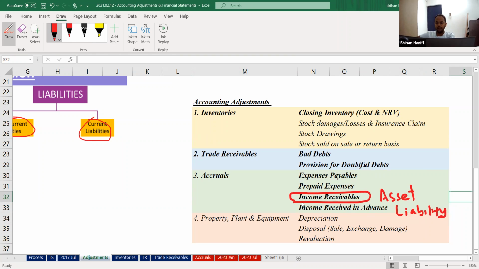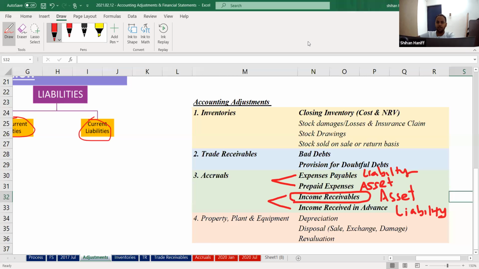Then expenses we also divide into two. Expenses payable, which is a liability. Prepayment, prepaid expense, which is an asset.